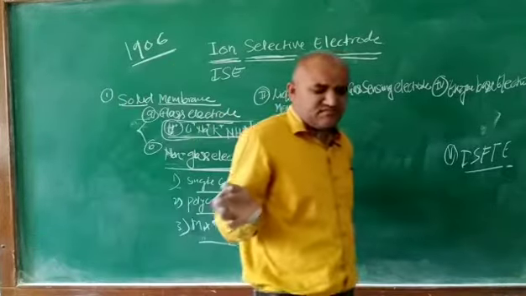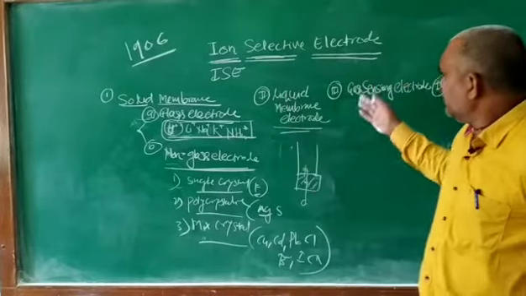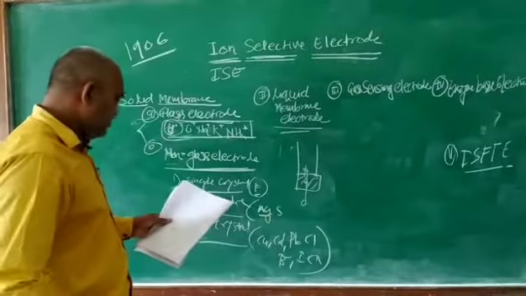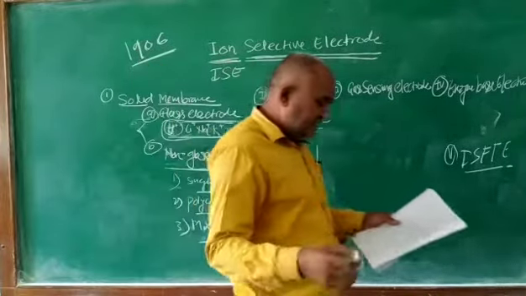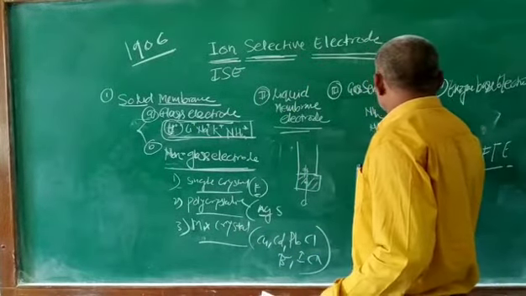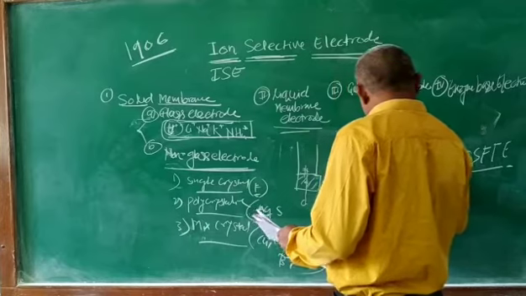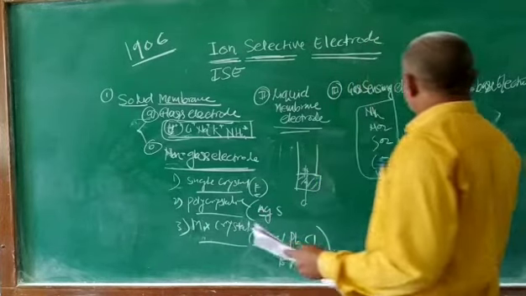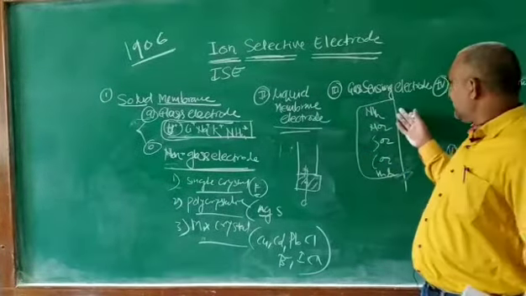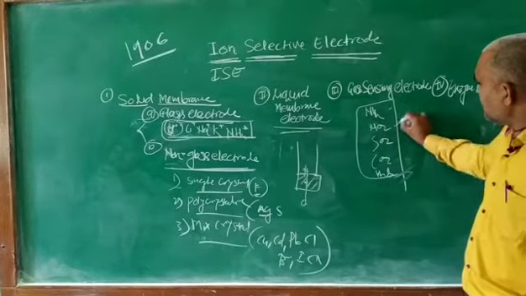We will see the details one by one in the next lecture: glass electrode, non-glass electrode, liquid membrane electrode, gas sensing electrode. In the gas sensing electrode, we directly measure gases in the environment: ammonia, NO2, CO2 and H2S. When we put this electrode in the environment, we directly receive readings of gases.